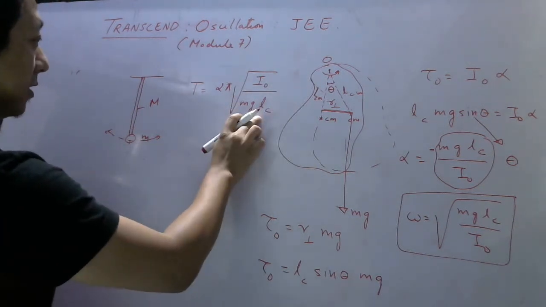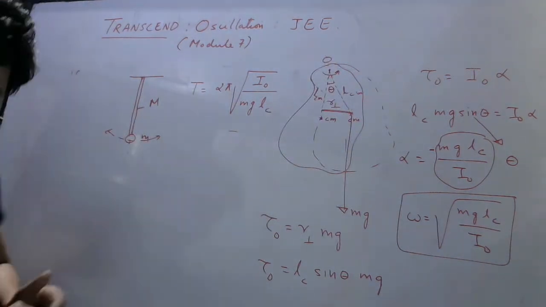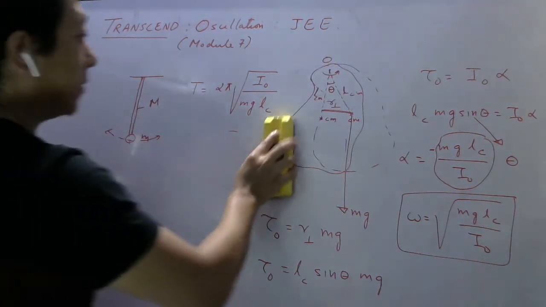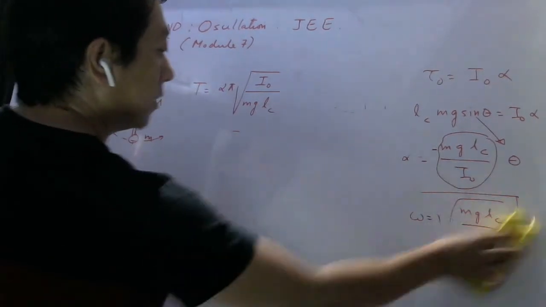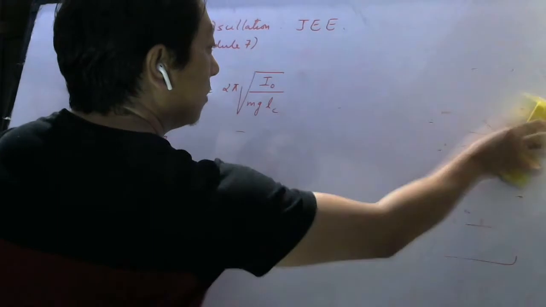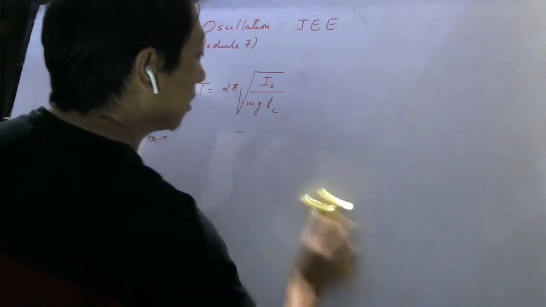What is LC? Distance of center of mass from the pivot. So this result we have to remember and use it to find the time period for such distributed mass, which is called a compound pendulum.